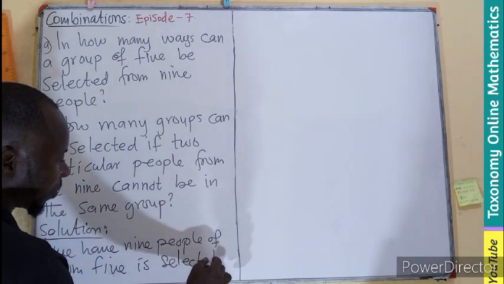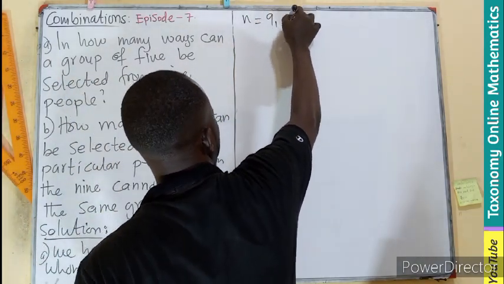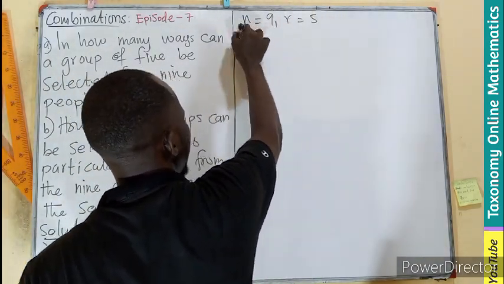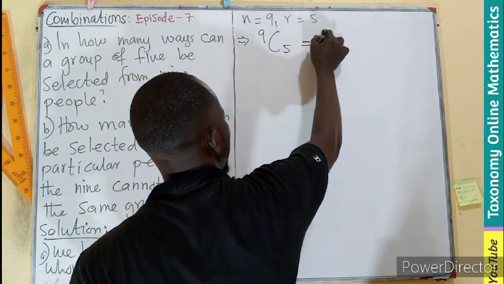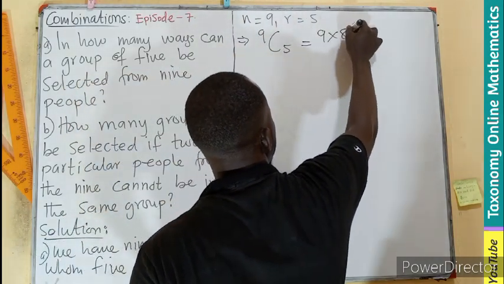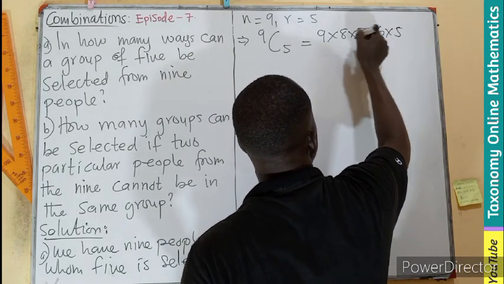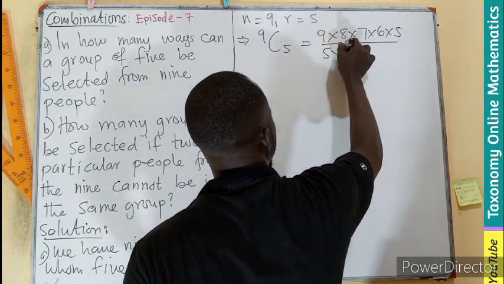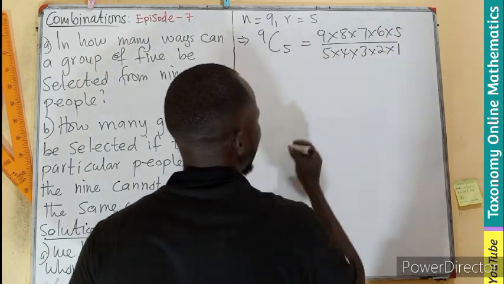Selected, that means our n is going to be 9, our r is going to be 5. That implies that we have 9 combination 5, which is 9, 8, 7, 6, 5 over 5, 4, 3, 2, 1.